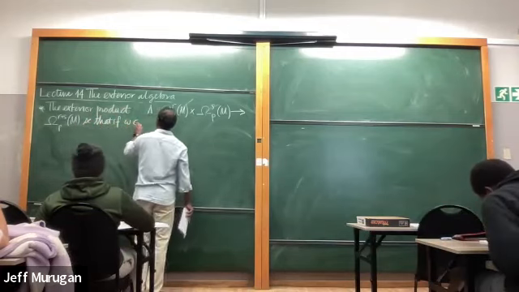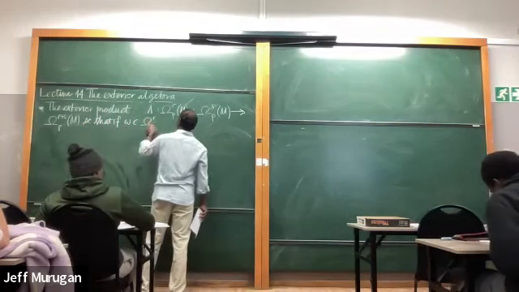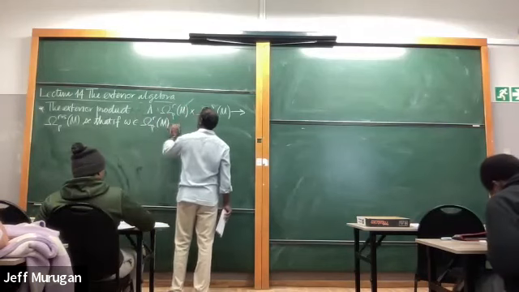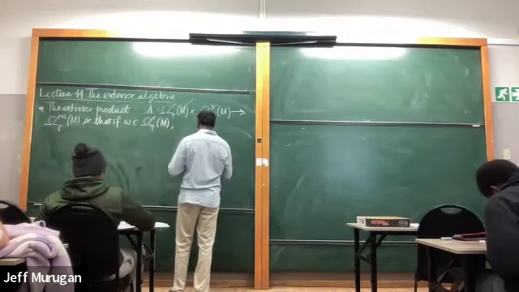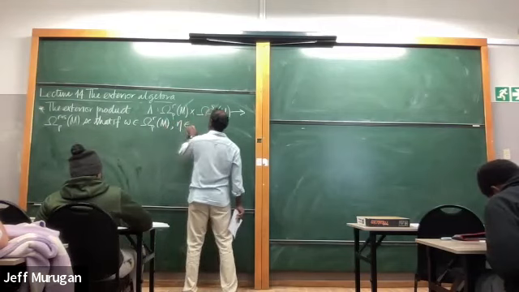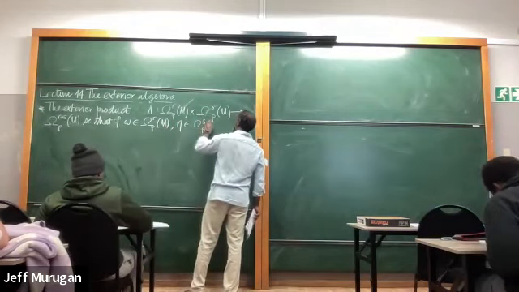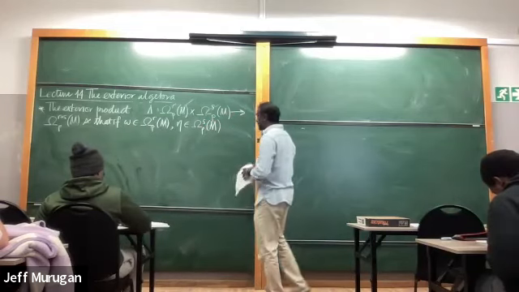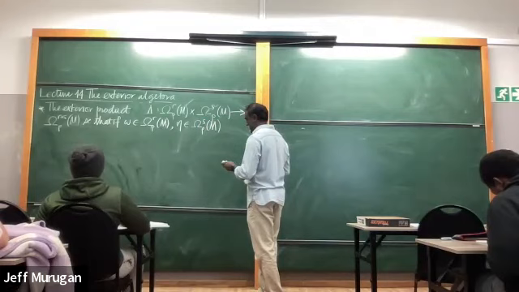I have some omega that is an R form and some, let's say, eta that is an S form. Then I define the exterior product of these two to be the following.